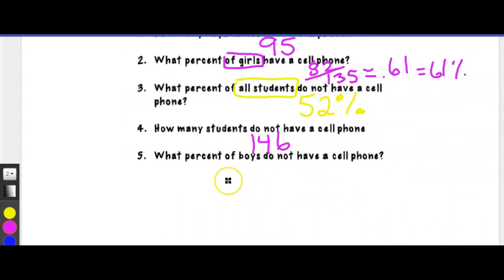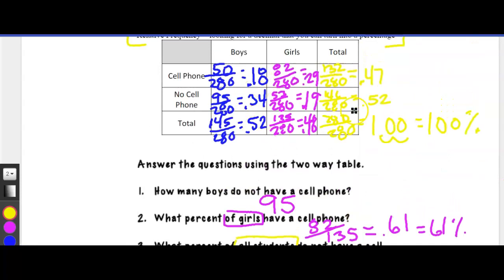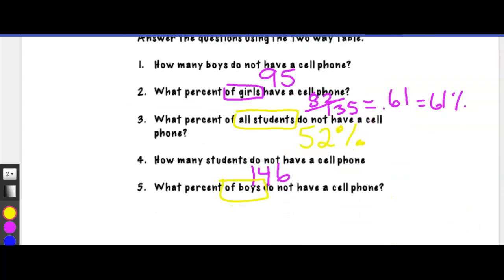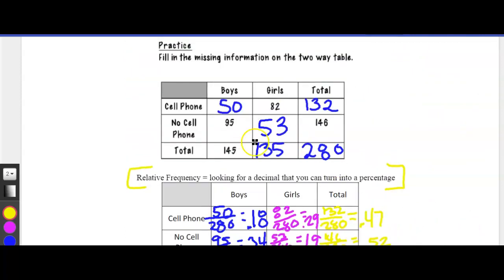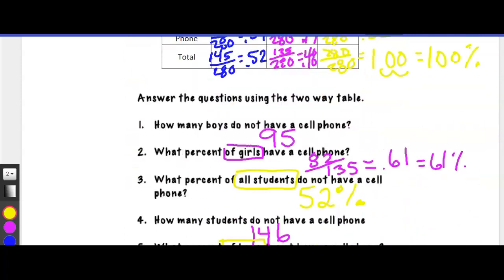And then last, what percent of boys, there's our keyword again, of boys do not have a cell phone? Unfortunately, we're not going to be able to use this chart that we made again because remember that was out of the total. So of the boys, and it's no cell phone. So of the boys, I have 145 boys and no cell phone is 95.